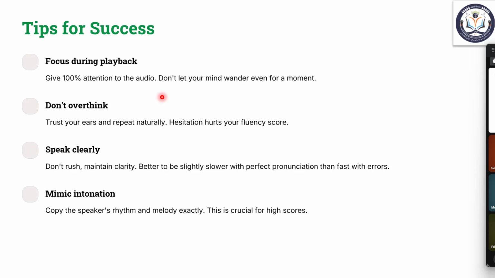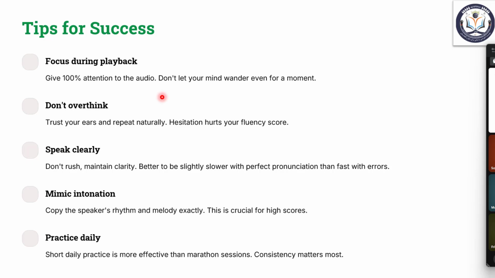Then you can exactly copy the melody, the sound of what you heard. So it's really crucial for having a high score: exactly mimicking the intonation.